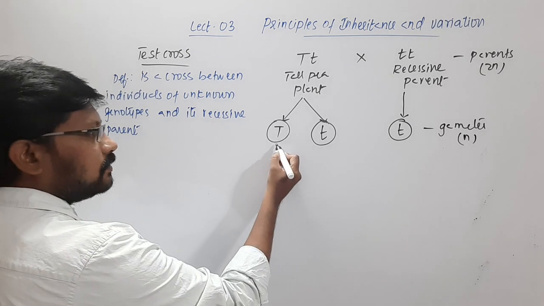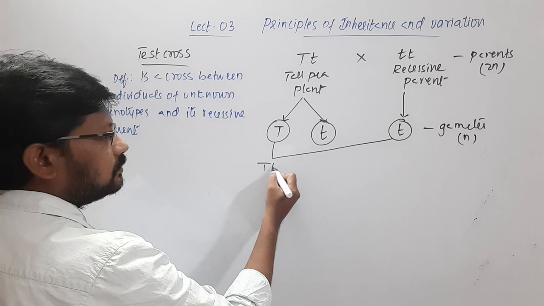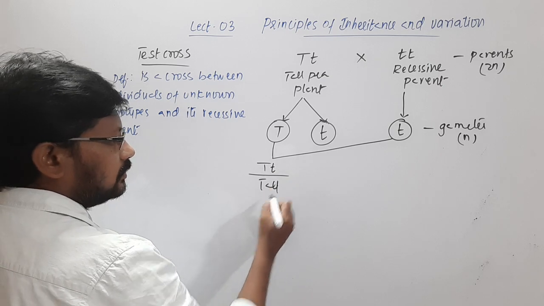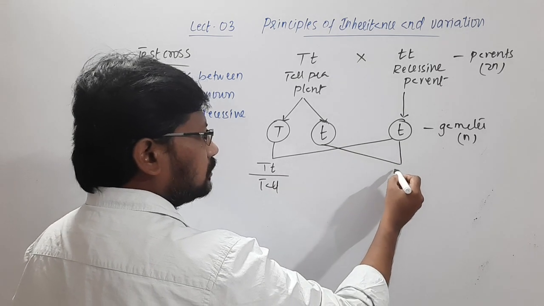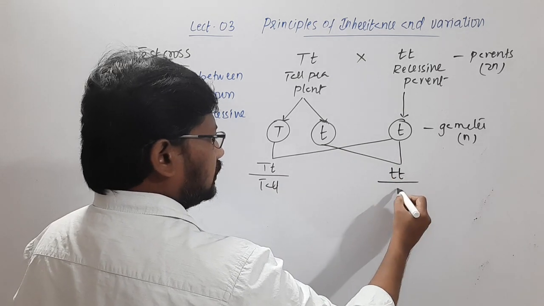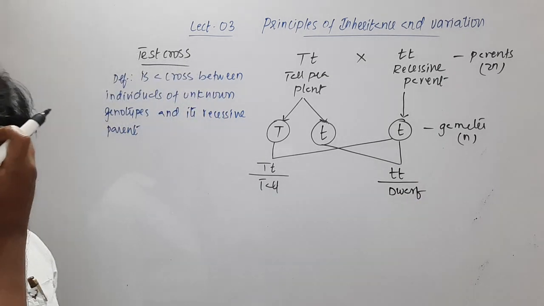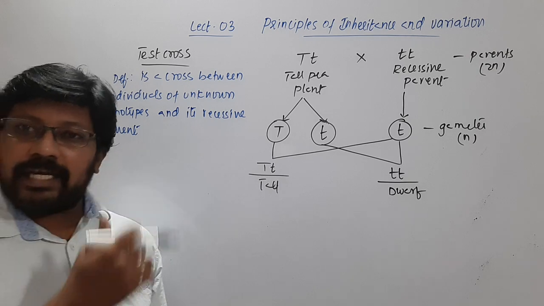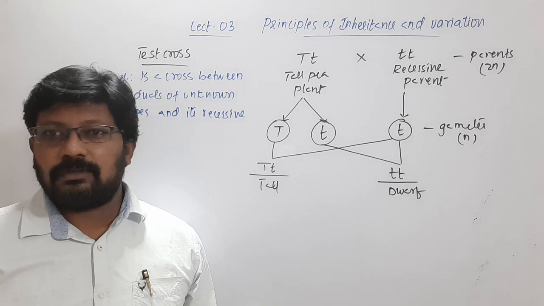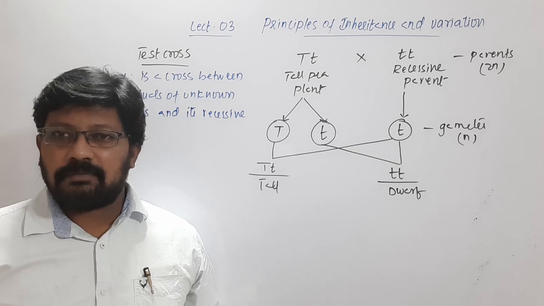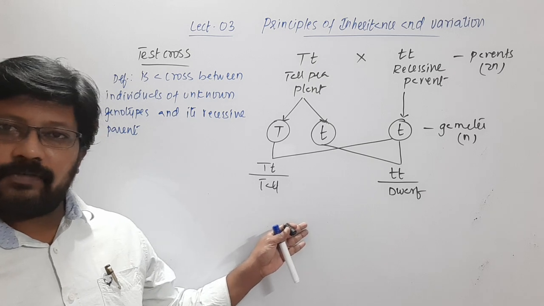If this gamete comes in contact with this, capital T small t, then it is a tall pea plant. And if this one and this one come together, then it is a dwarf pea plant. So Mendel obtained tall pea plants and dwarf pea plants in a 1:1 ratio, 50-50 percent.